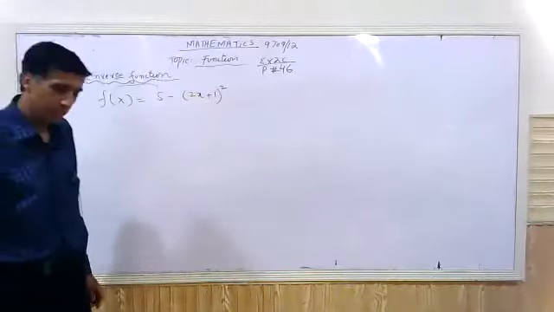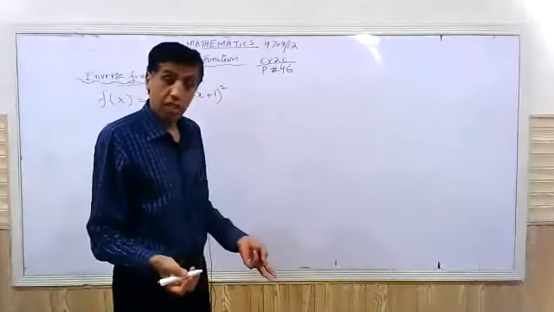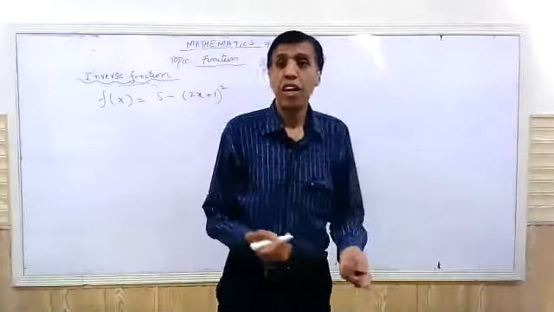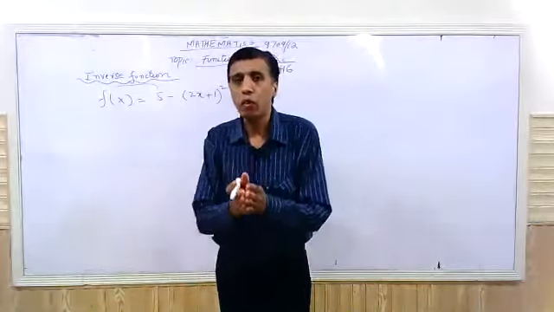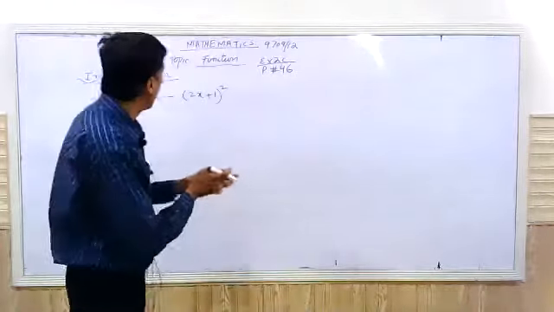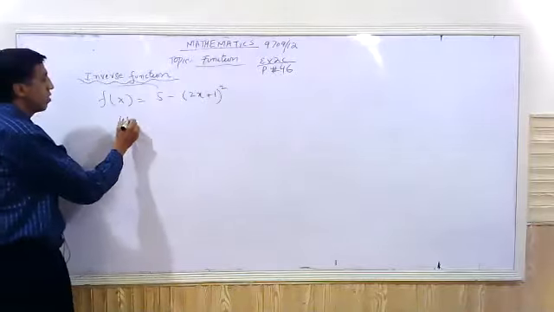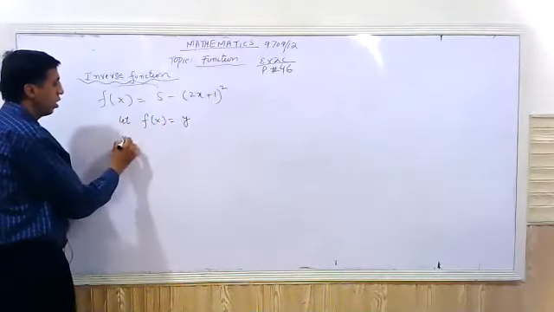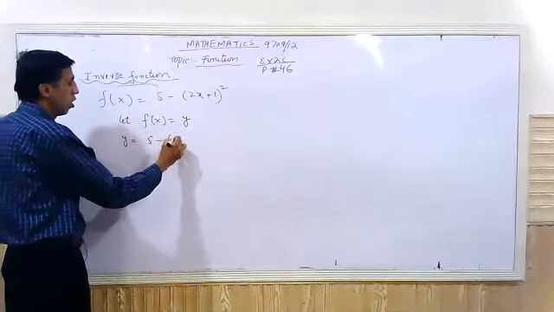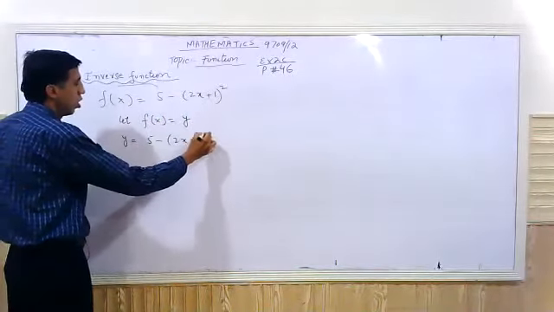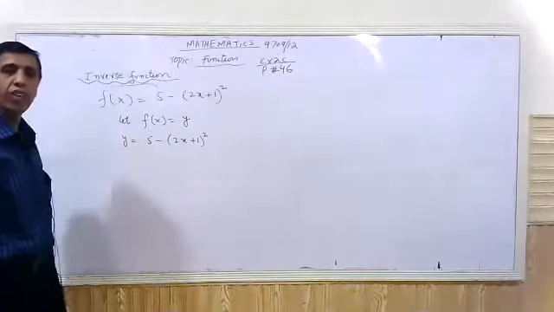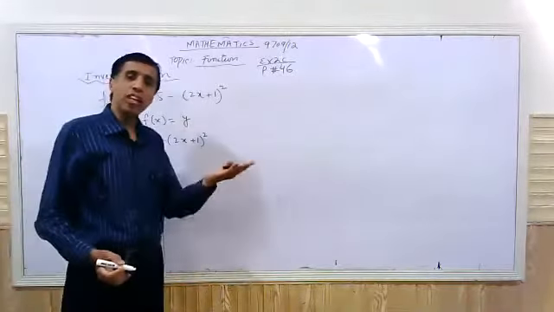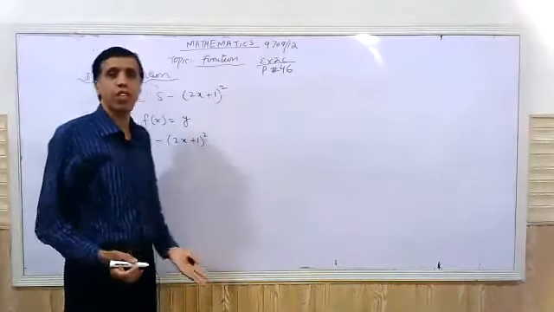This is another way Cambridge asks the question in this form. First of all, we have to get the inverse. How to get the inverse? The same steps. Let f of x is equal to y, squared. Now, the same thing, we have to make x the subject.